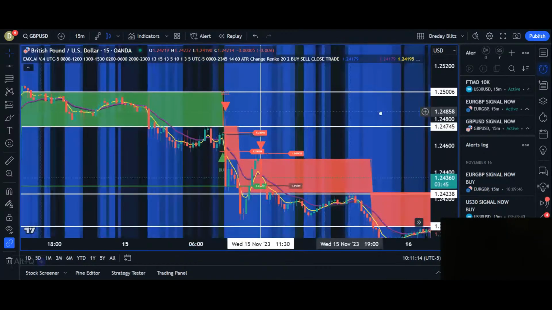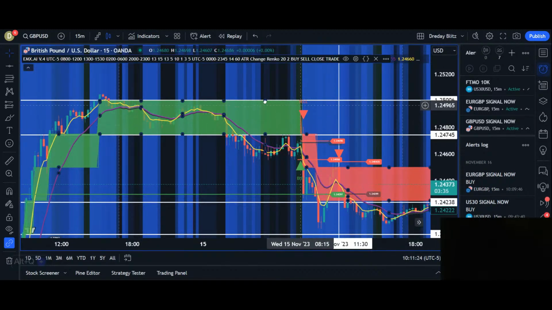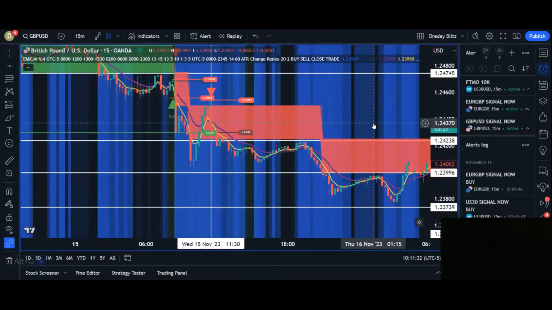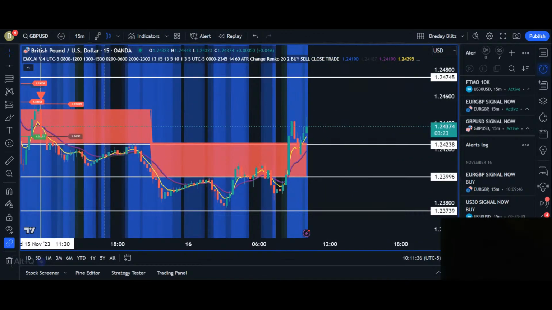So before getting those sells, the trend needed to change from bullish to bearish and get that sell. So that's why you get that sell here from yesterday, right after it switched, and then it continued going down. So that's what you need to look for first.